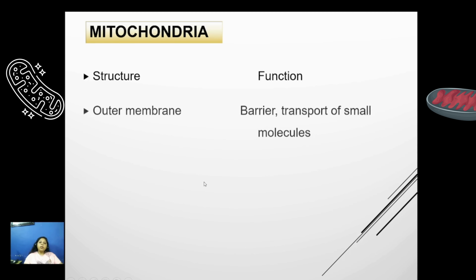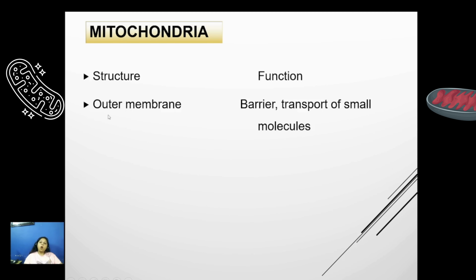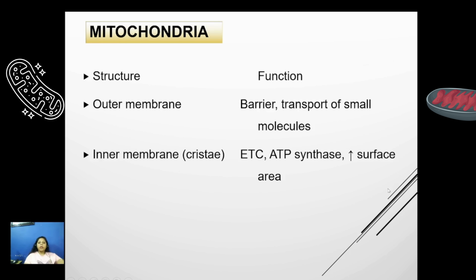How is it adapted to its function? First of all, the outer membrane is a barrier and a transport of small molecules, so only the product of glycolysis can enter. The inner membrane is folded, with enhanced surface area, so that it can have more ATP synthase.